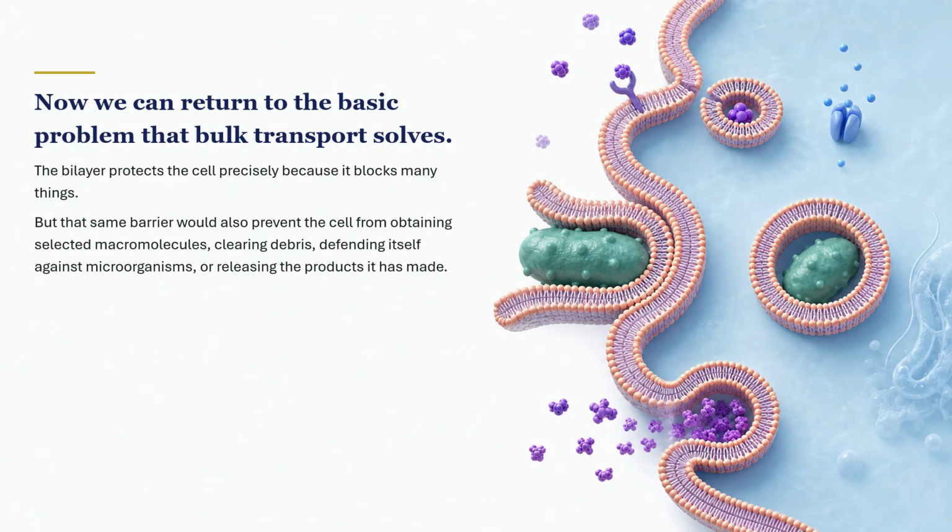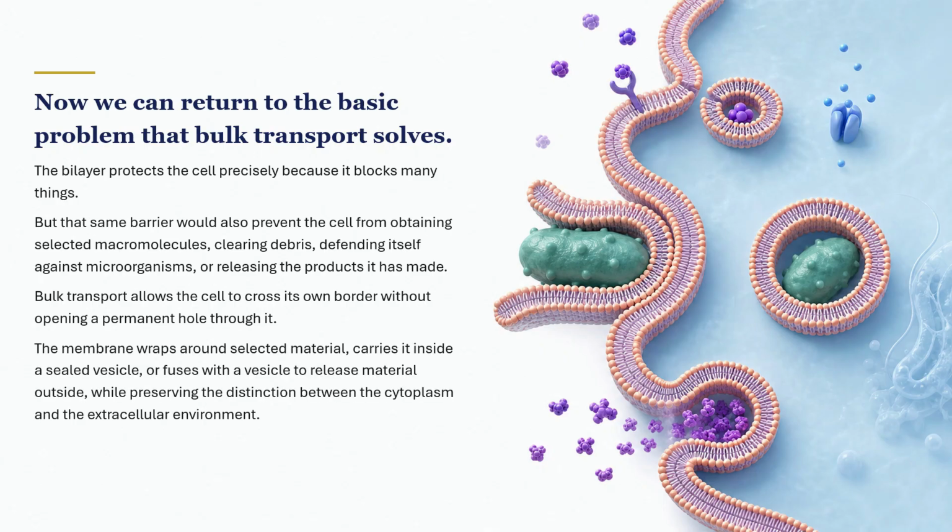Bulk transport allows the cell to cross its own border without opening a permanent hole through it. The membrane wraps around selected material, carries it inside a sealed vesicle, or fuses with a vesicle to release material outside, while preserving the distinction between the cytoplasm and the extracellular environment.